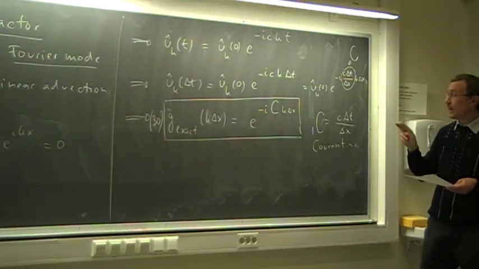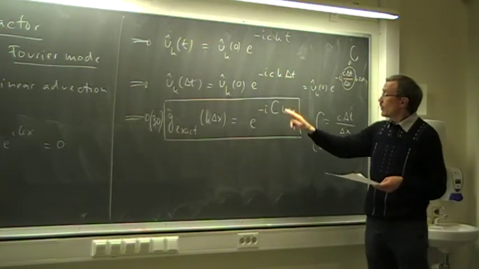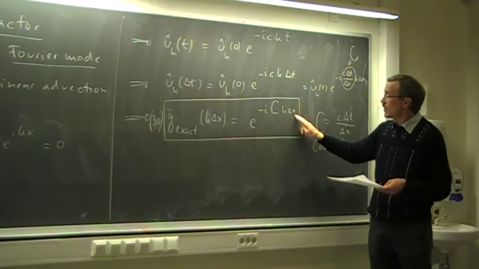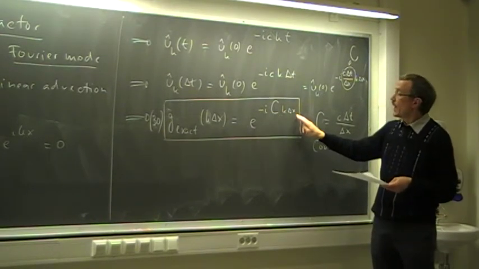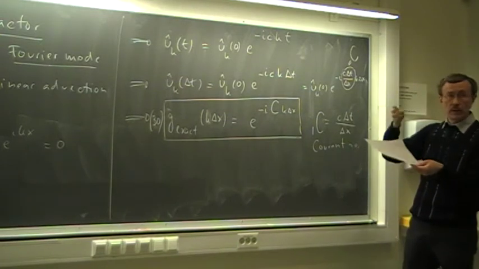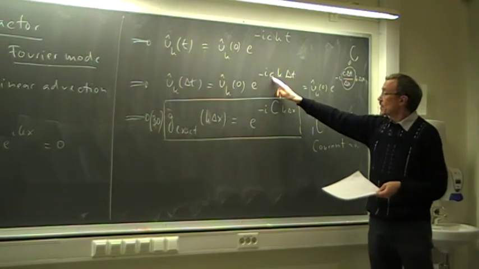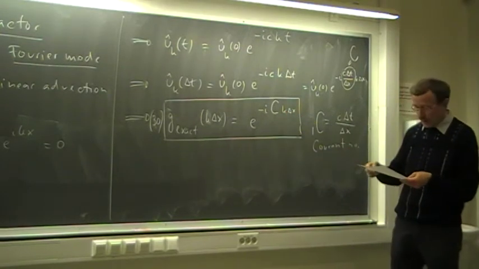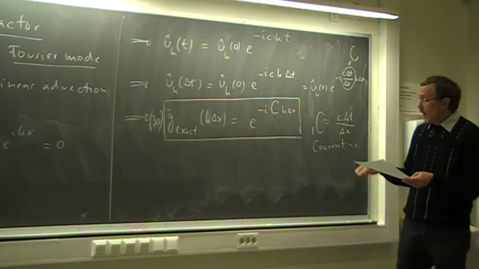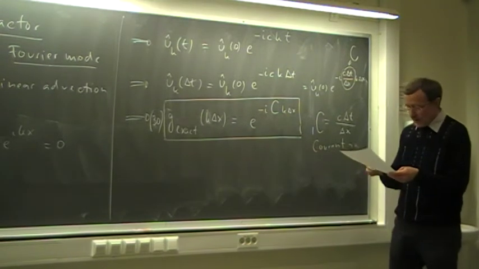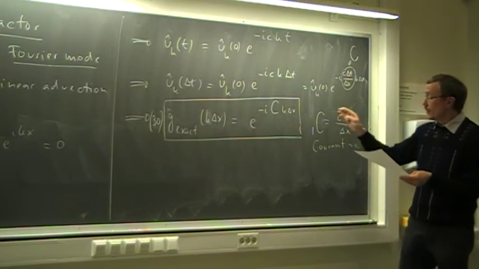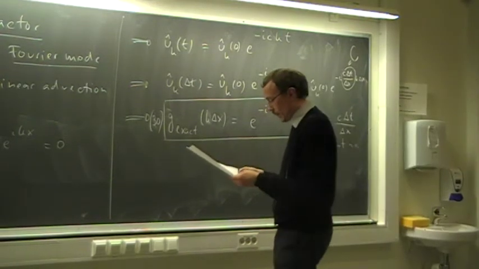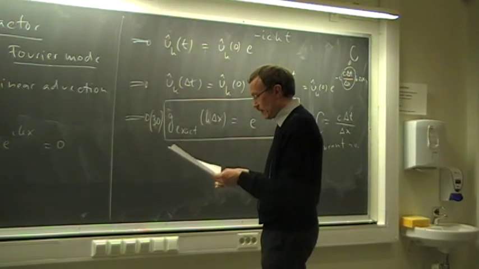We will get an error here, and that will mean that this expression will be wrong. So we can either attribute it that we have a wrong advection velocity c, or simply a wrong wave number when we do it numerically. But this term here, that is deciding on the propagation, is called the phase angle.